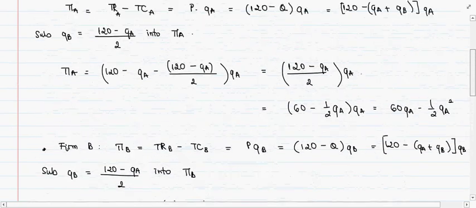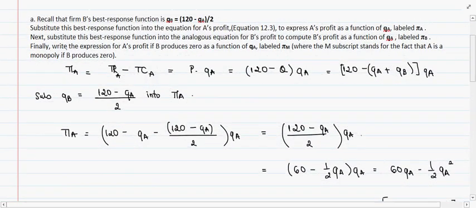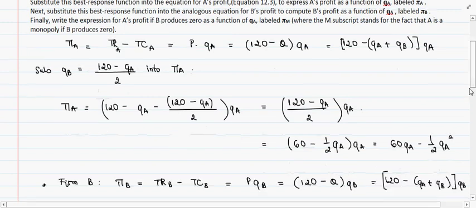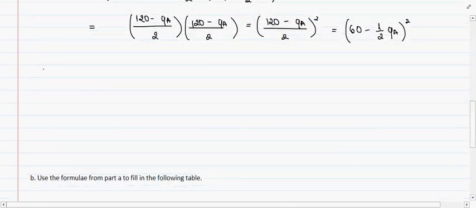And the last part asking you now write the expression for A's profit if firm B producing nothing, 0, as a function of QA, and labeled pi M. Okay, so if firm B produces nothing, 0, then QB is going to be equal to 0.